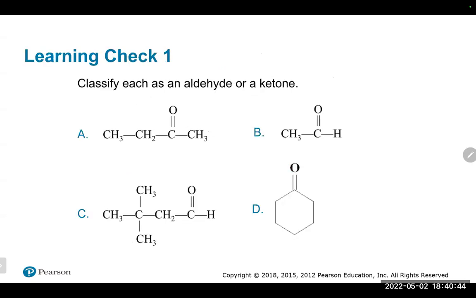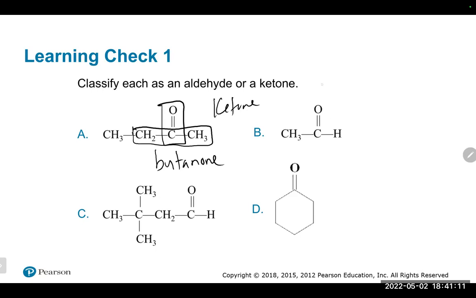All right, so let's classify each of these as aldehydes and ketones. A would be a ketone. We got our 3 carbons in a row with the carbon-oxygen double bond. And by the way, that is 1, 2, 3, 4 carbons, that is butanone, right?